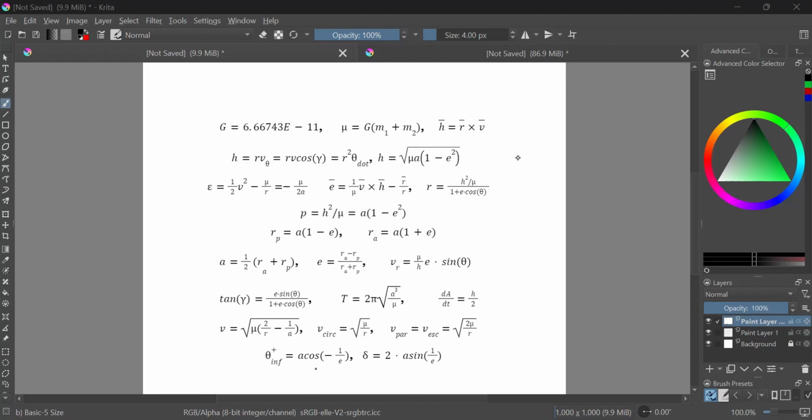Transitioning away from that, I have written down the angular momentum equation that we derived, as well as the outbound angle and turning angle equations that we derived from our last episode.